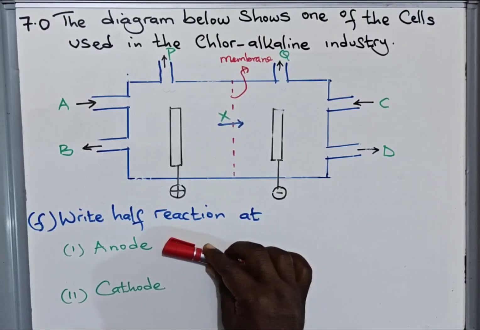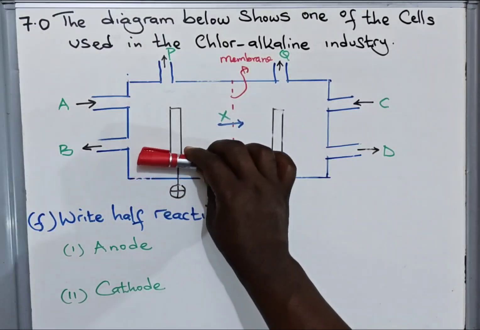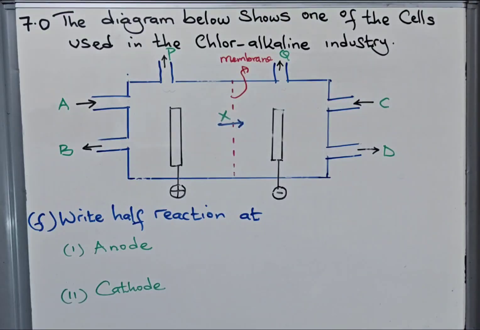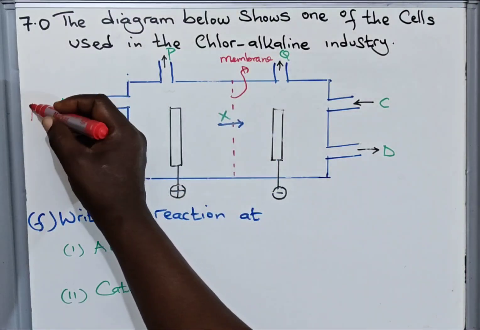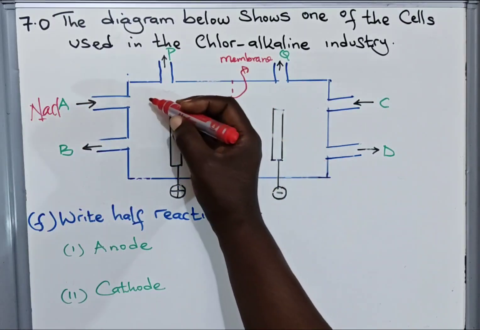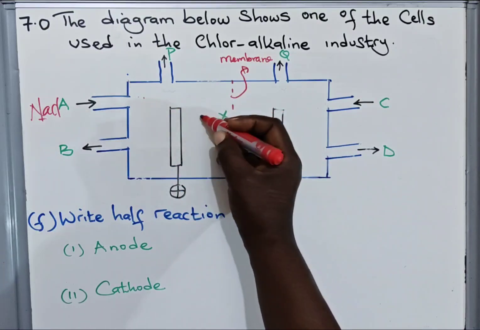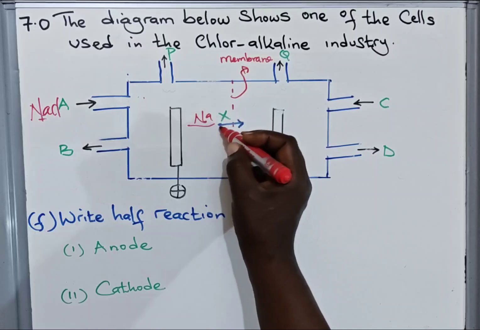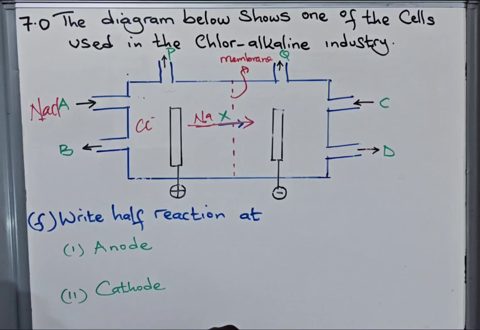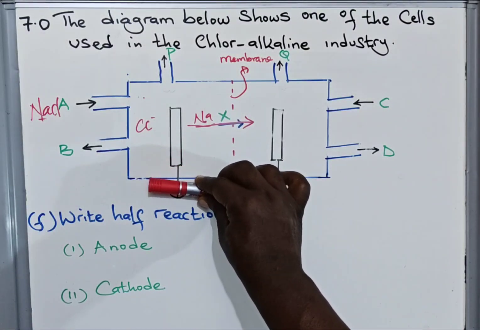So we come to this question. It says, write half reaction at anode. So this is the positive, our anode. And what reaction occurs at anode? What enters here, we said, is sodium chloride. When it reaches here, sodium chloride splits into sodium ions, which cross here, and chloride ions here. The reaction which takes place at anode is oxidation.